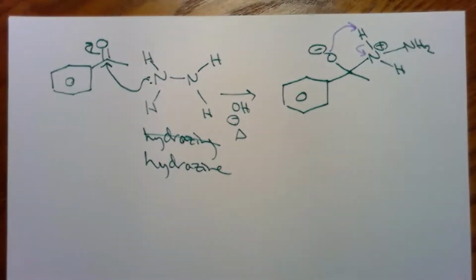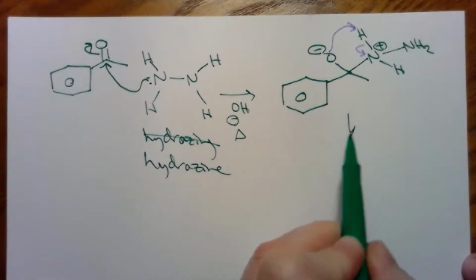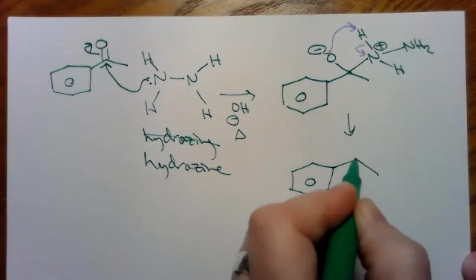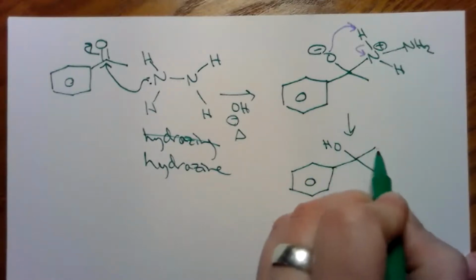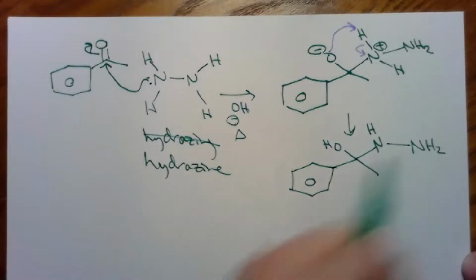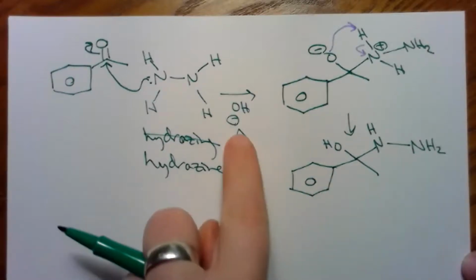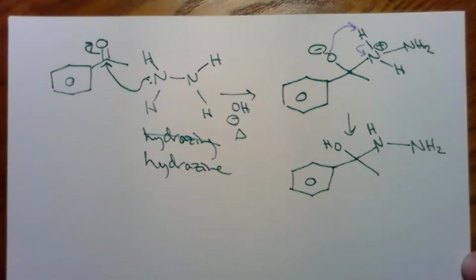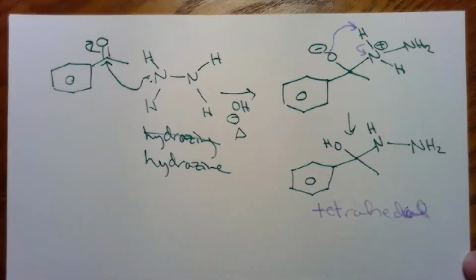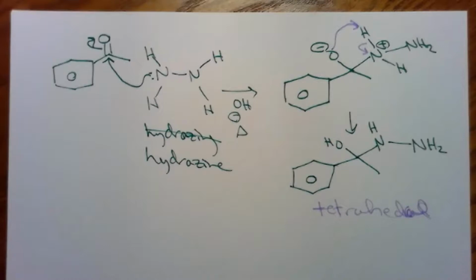Is that likely how it happens? Nah, but that's okay. What would really happen, we think, is the oxygen would get a hydrogen from something, and then the nitrogen would lose a hydrogen, like maybe hydroxide comes to get it. But we end up here with a neutral tetrahedral intermediate. Man, my spelling is really great today. A neutral tetrahedral intermediate.